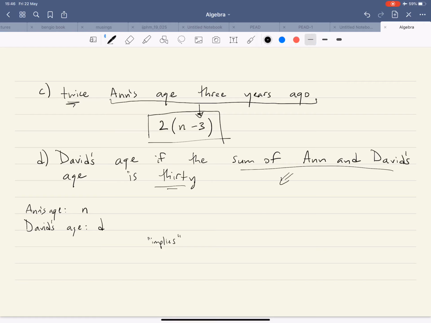But anyways, what we know is n plus d equals 30. And what we're trying to do is express David's age. So David's age is represented by the d, so d is going to be 30 minus n. And that's the answer.